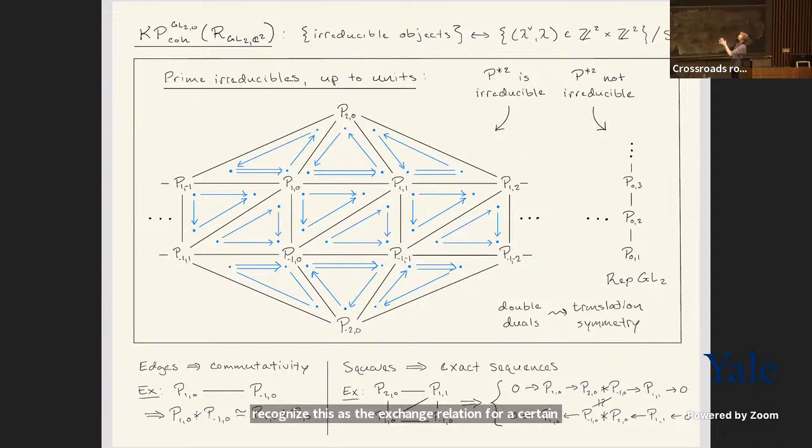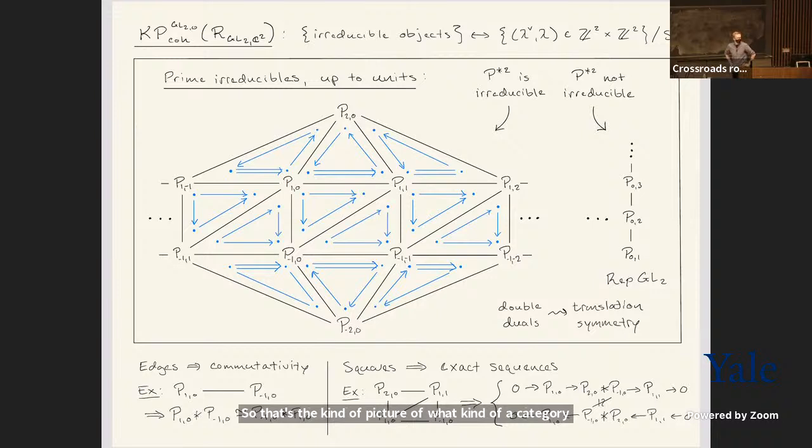Collectively, all of these exact sequences give the Grothendieck group of this category the structure of a cluster algebra of type affine A2. For those of you familiar with the formalism, that is also encoded in these little quivers that I've superimposed on the triangles of this graph. Don't worry if you're not, I'm not going to invoke it. So that's a picture of what this category looks like up close.